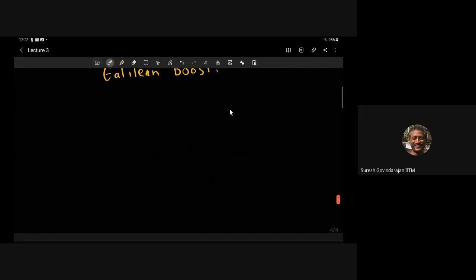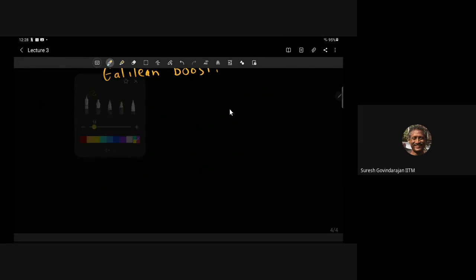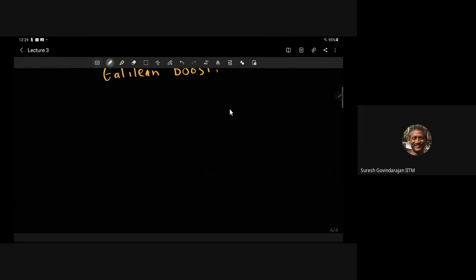Okay, so now we will see some properties which are very, very interesting, and for that I will have three observers. A, B, C are mutually inertial. By that I mean A and B will agree on forces, B and C will agree on forces, C and A also will agree on forces.